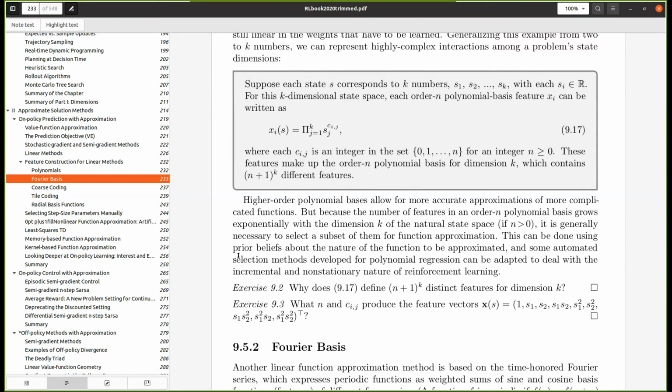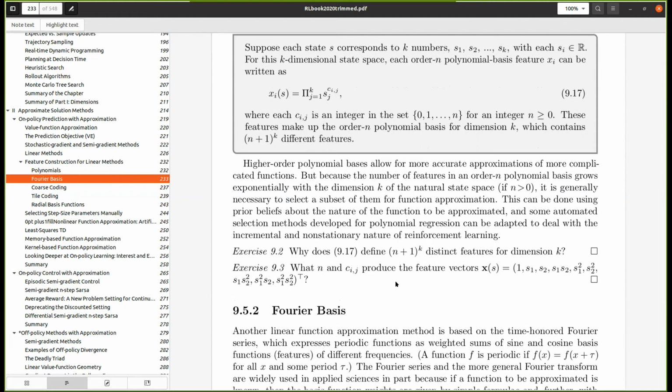If you imagine you write down all the possible products of k states and all possible powers, you can think of it as a row of numbers having n plus 1 choices for each entry, where the number of entries would be the dimensionality of the state space.